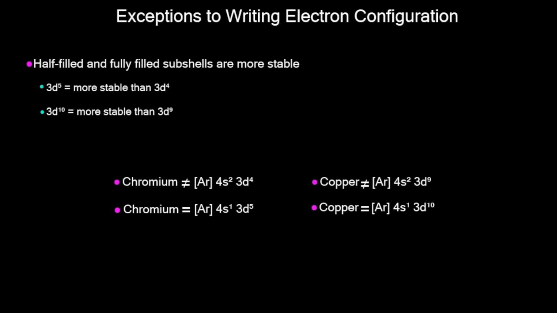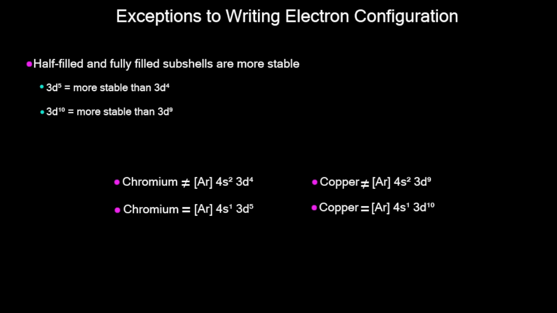So here's a key rule to remember. Half-filled subshells like d5 and fully filled subshells like d10 are especially stable. When promoting a single electron from an s orbital to a d orbital, it creates one of these stable arrangements. The atom will adopt that configuration even if it slightly violates the Aufbau filling order.